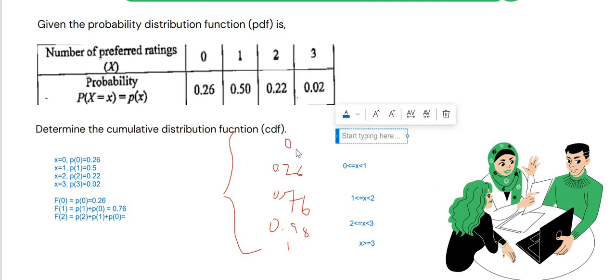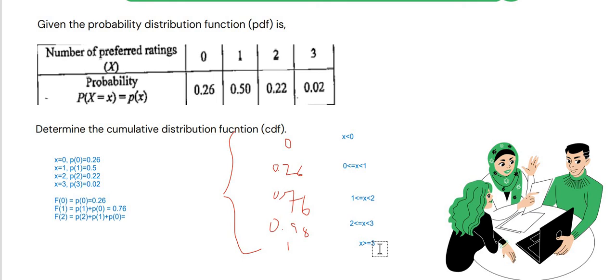For the first number, x less than 0, 0 is not included. Here x includes 0, this one includes 1, this one includes 2, and this one includes 3. Okay, class?